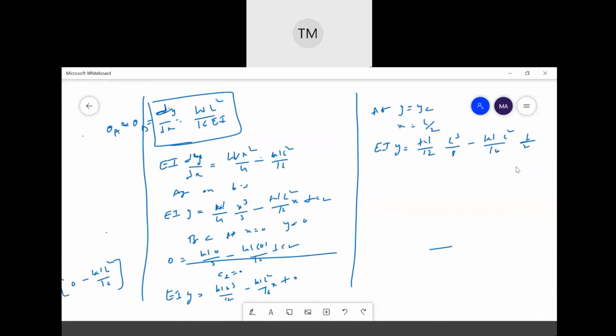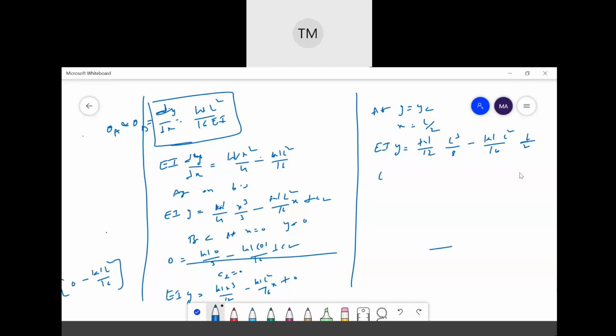Here you are taking the value, substituting the value and simplifying this equation. So what happens here? Simplify this one.